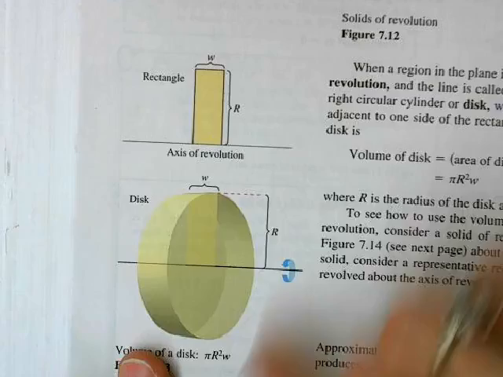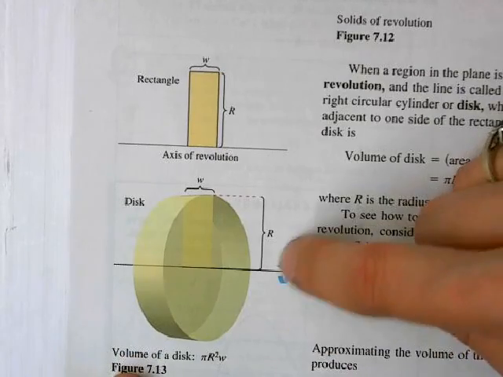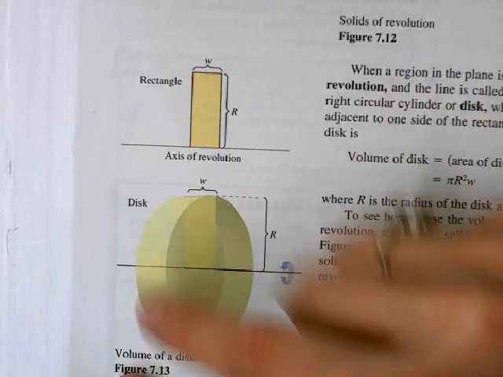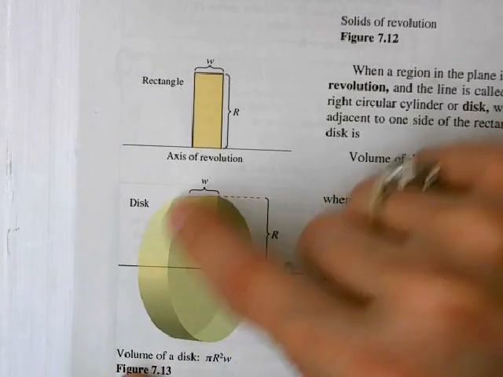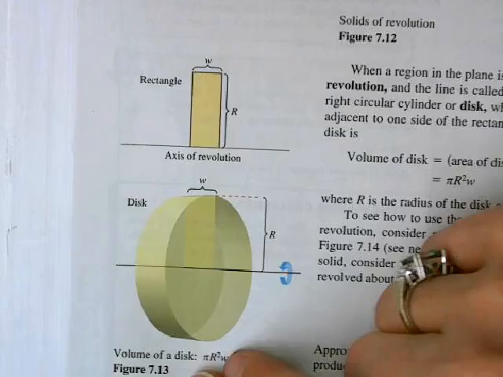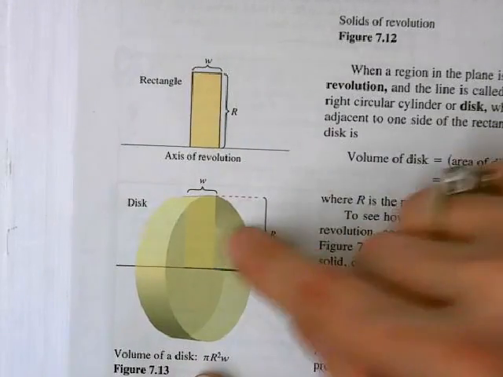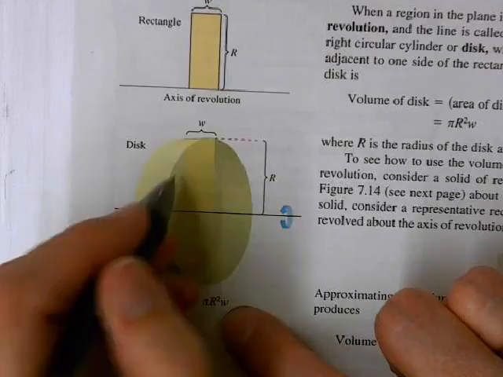If you rotated that rectangle around, and they're going to put little arrows in the book to show rotation, it would make like a disc. And you can see that's kind of a circular shape. The volume of that disc is pi r squared, because it's circular in shape, pi r squared times the width.